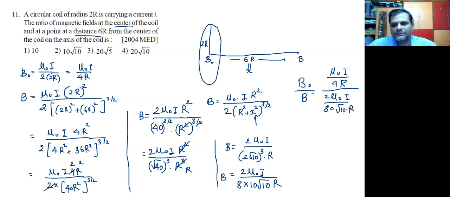Okay, so here it can be said that this mu naught I and r can be straight away cancelled. Okay, बाकी जो बचेगा उसको अगर हम as it is लिख देंगे यहाँ पे तो 1/4 kept as it is, and the reciprocal of this whole thing will just be expressed as 80 root 10 upon 2.